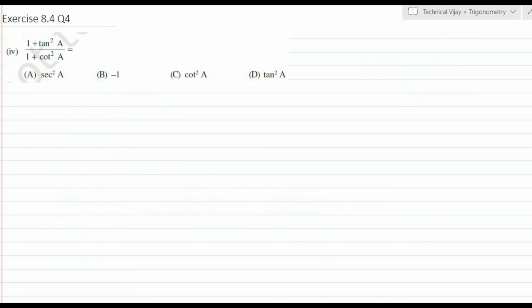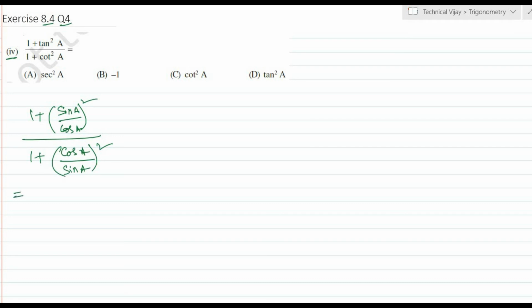Here 8.4, question number 4. The fourth portion: 1 plus tan square A, where tan A can be written as sin A divided by cos A, whole square, divided by 1 plus cos A divided by sin A, whole square.